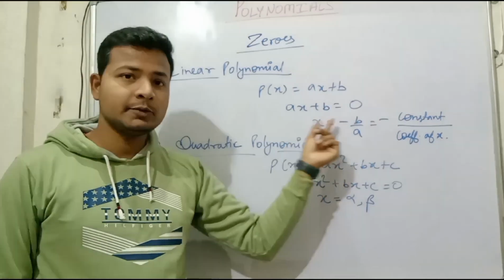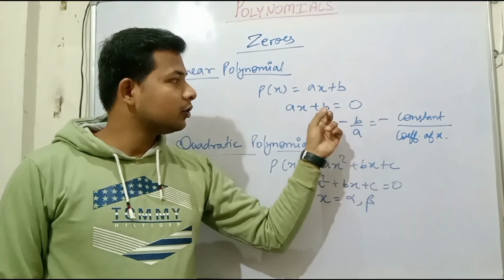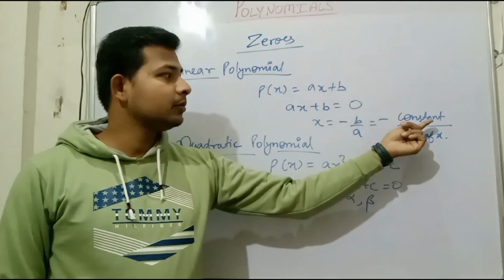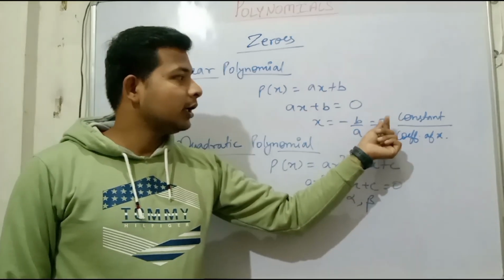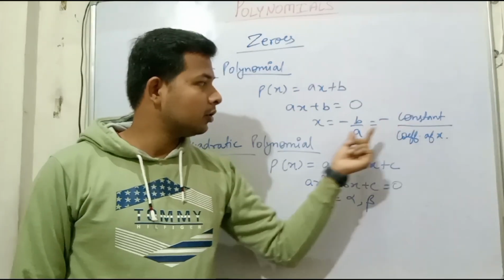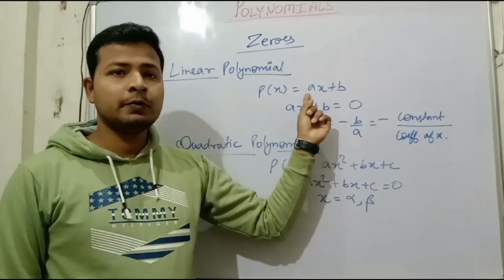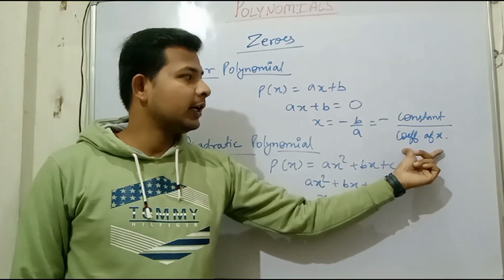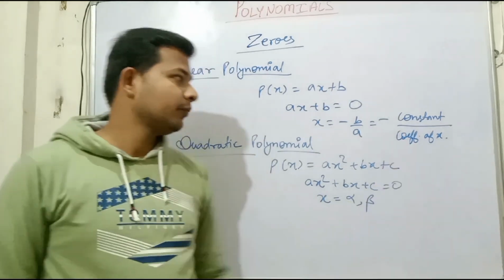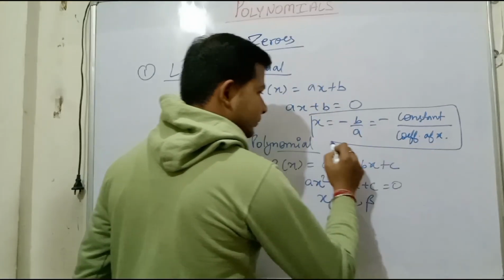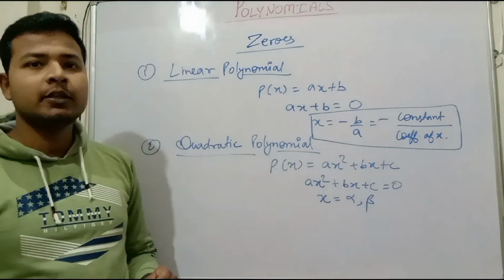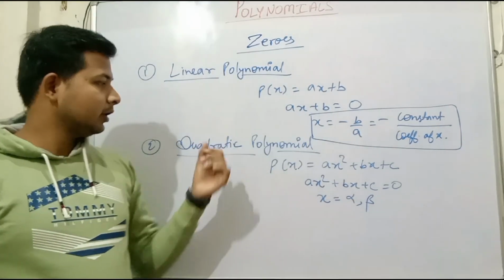This way we will find the value of x as minus b by a. b is a constant term. So if we want to write it verbally, it will be minus constant upon, what is a? The coefficient of the variable x. So I have written it as coefficient of x. This will be the only zero of that linear polynomial.